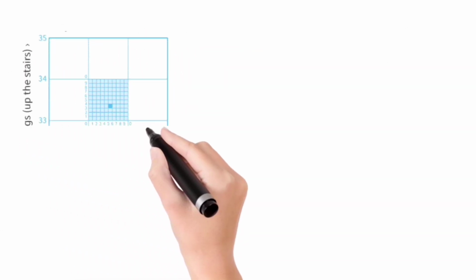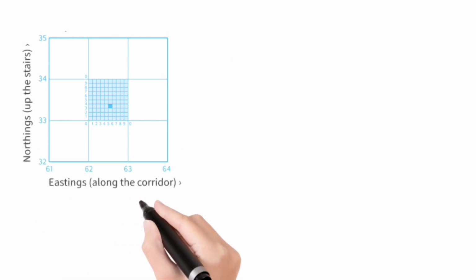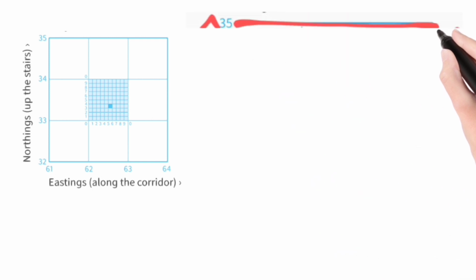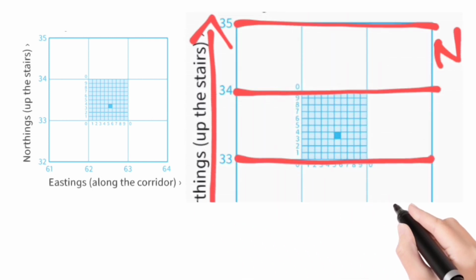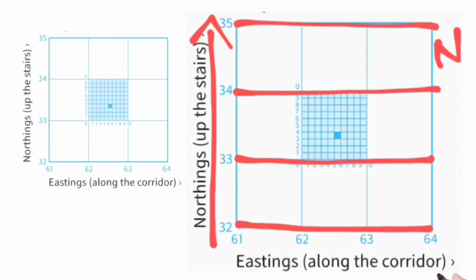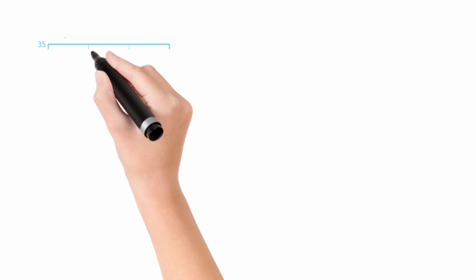In a grid, lines running from east to west are called northings, which increase numerically northwards. So here the lines of 32, 33, 34 are the northing lines. Here the red lines are the northing lines, and this red arrow shows how it is numerically increasing northward.